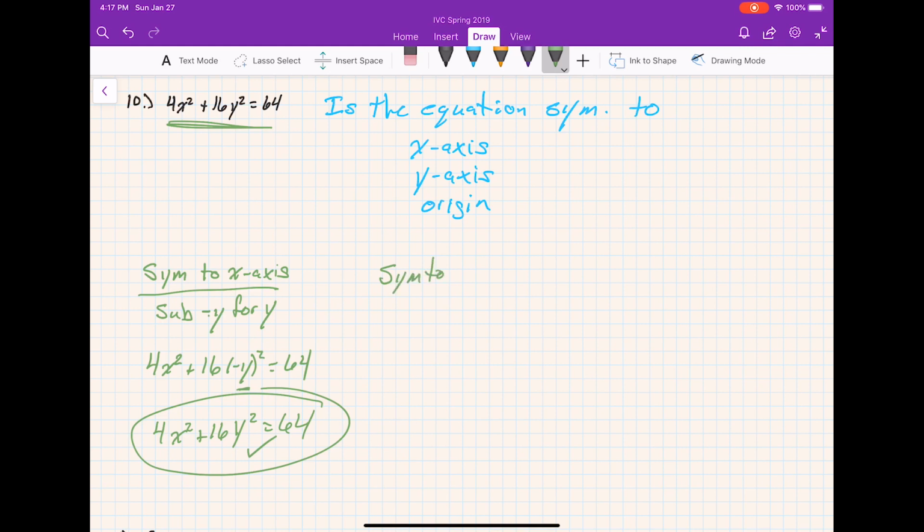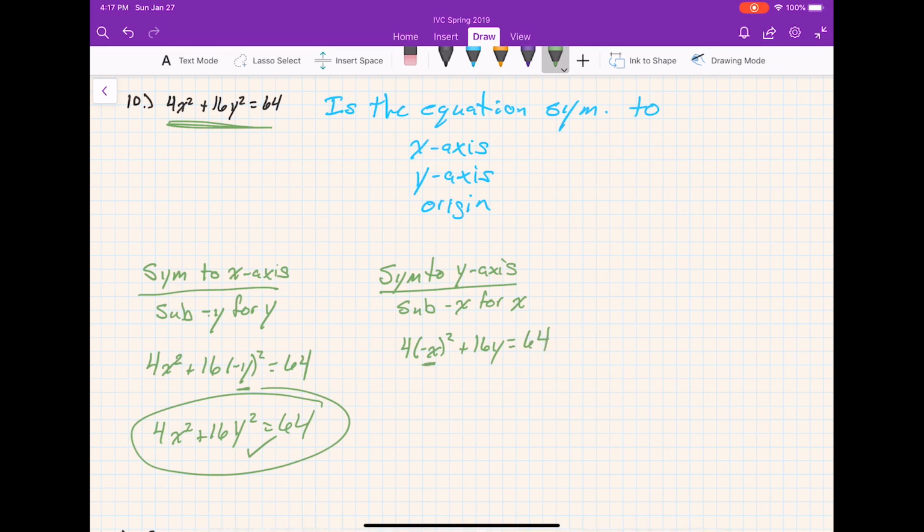And so symmetry to the y-axis, we do pretty much the same thing, except we sub -x for x. And that's going to be 4 times the quantity -x squared plus 16y squared equals 64.